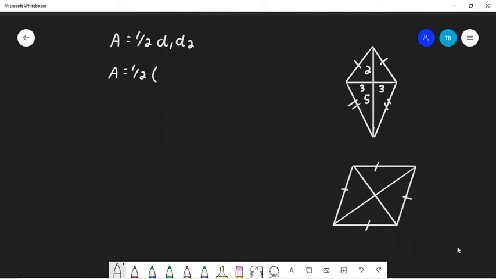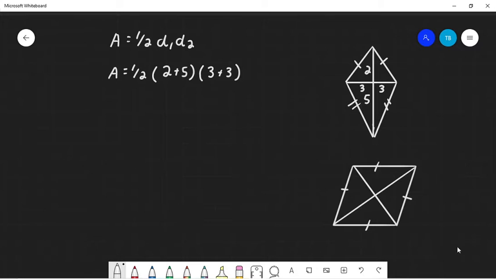So let's start with the vertical diagonal, the one going up and down. That's split into 2 segments of 2 and 5 inches. So to find the total length, we just add those 2 numbers together: 2 plus 5. And then we do the same thing for the horizontal diagonal, split up into 2 segments of 3, so we just add those together, 3 plus 3.